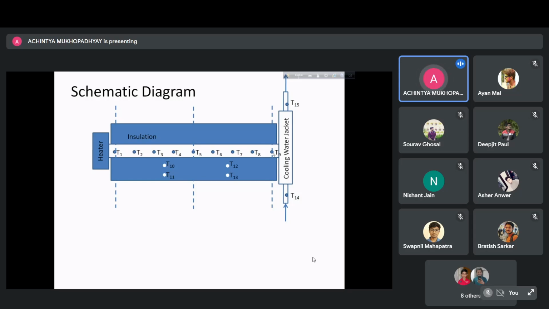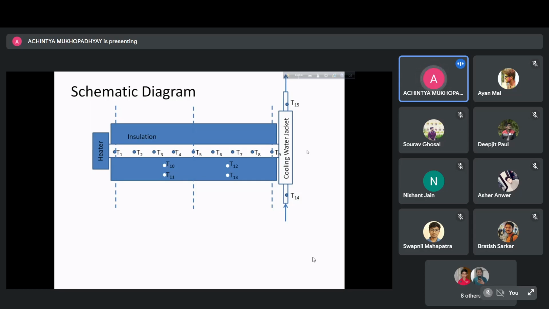So if you think about what is happening here, there is a hot end and there is continuous heat loss from the sides, though the heat loss is reduced significantly by the presence of the insulation, and then finally there is some heat loss from the end also by means of the cooling water jacket.